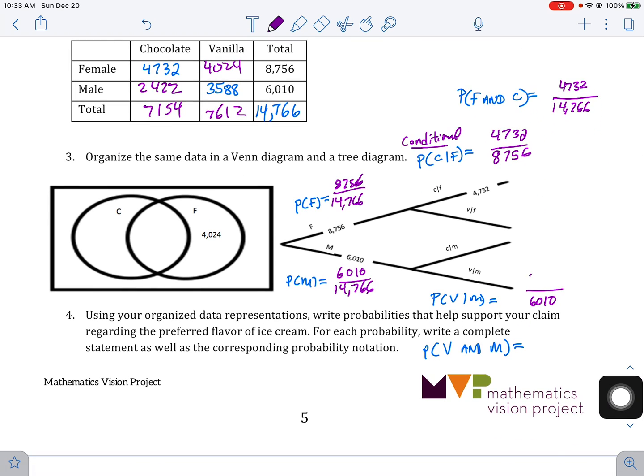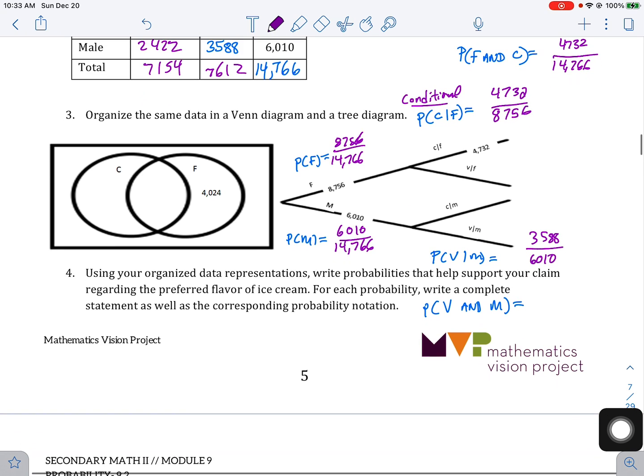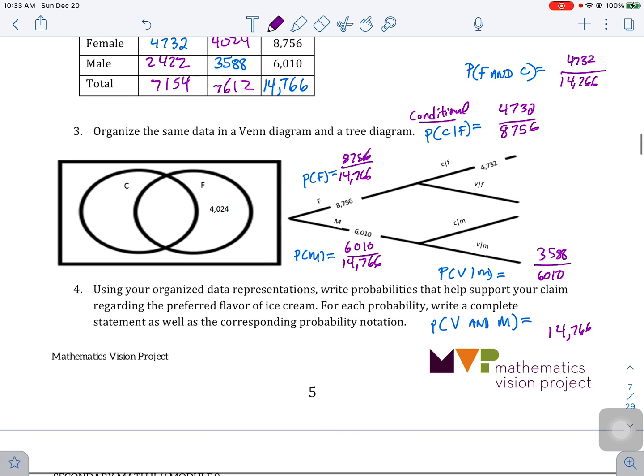So my probability would be 3588 divided by 6010. That's different than what's the probability of getting both. So this would be out of the total, which is 14,766, and the probability of both would be the 3588 out of the 14,766.